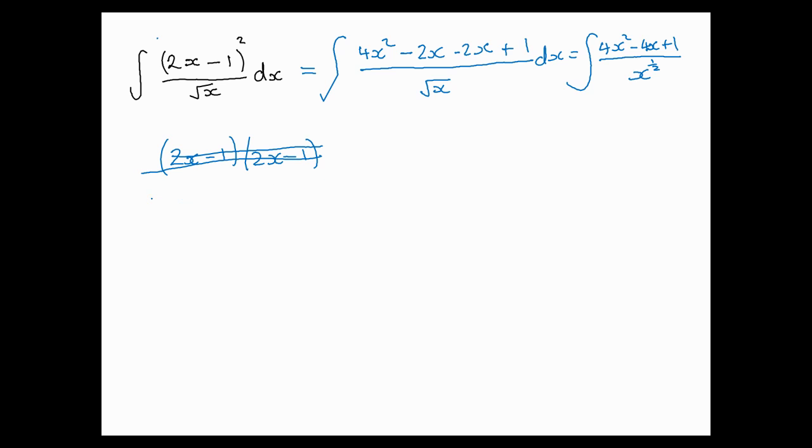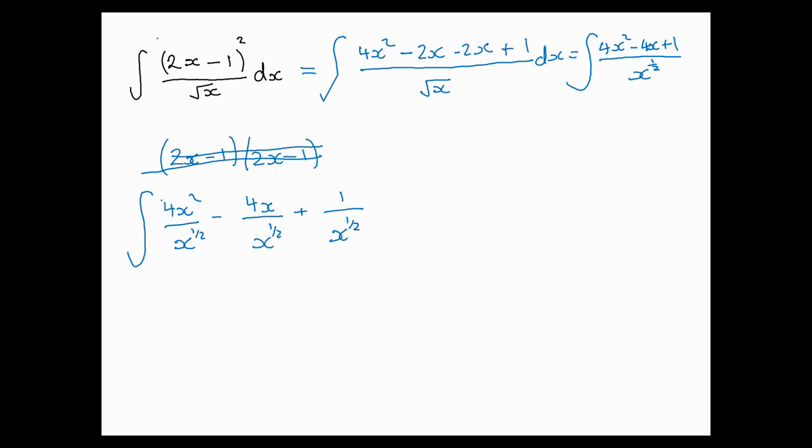So now that becomes the integral of, and we can simplify or rewrite this as 4x squared over x to the power of a half minus 4x over x to the power of a half and plus 1 over x to the power of a half.